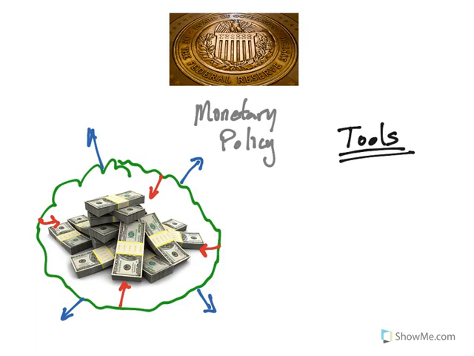The Fed is able to enact three main tools of monetary policy. The first tool is called the required reserve rate.